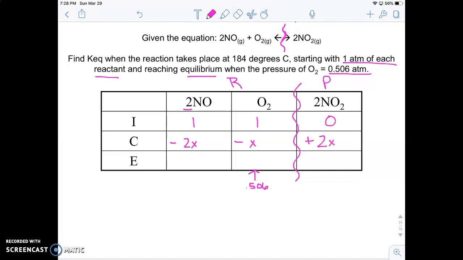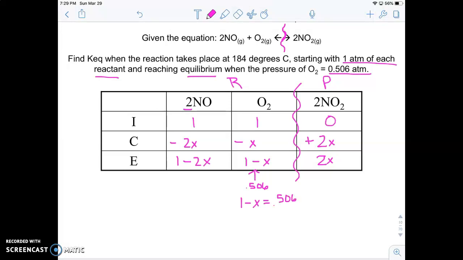Okay. If I continue this, I mix together those two. Okay. So there we go. So if I solve for x right here, 1 minus x equals 0.506.